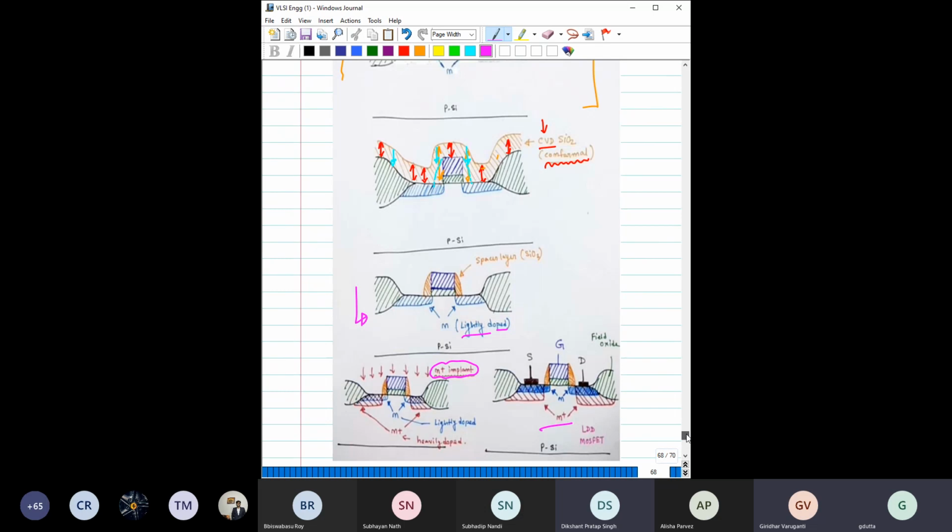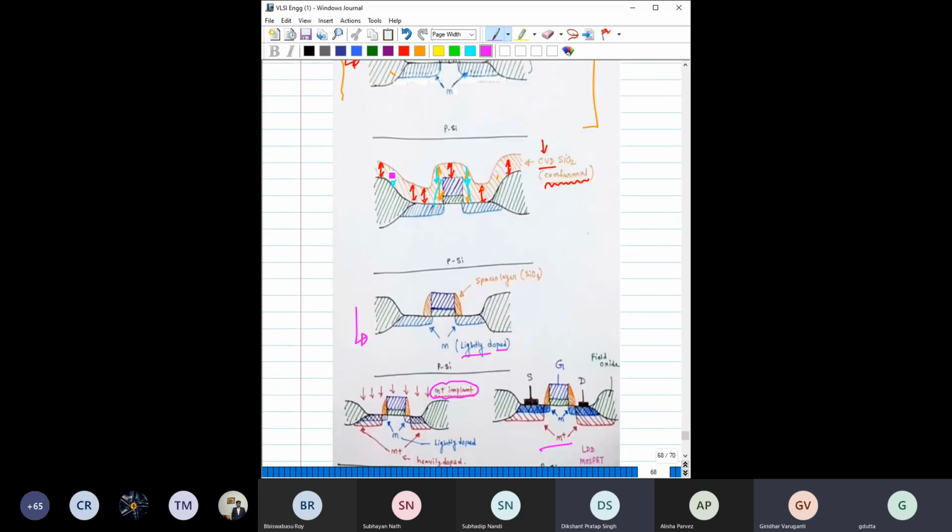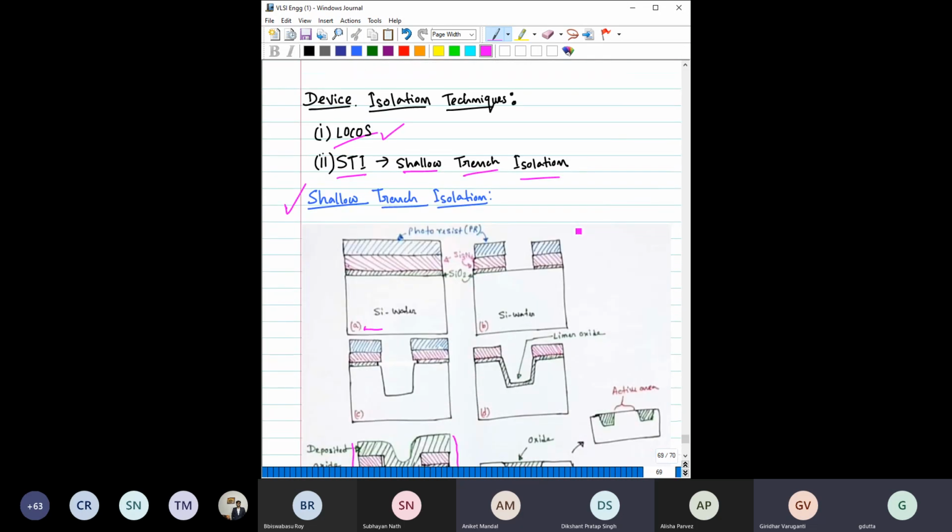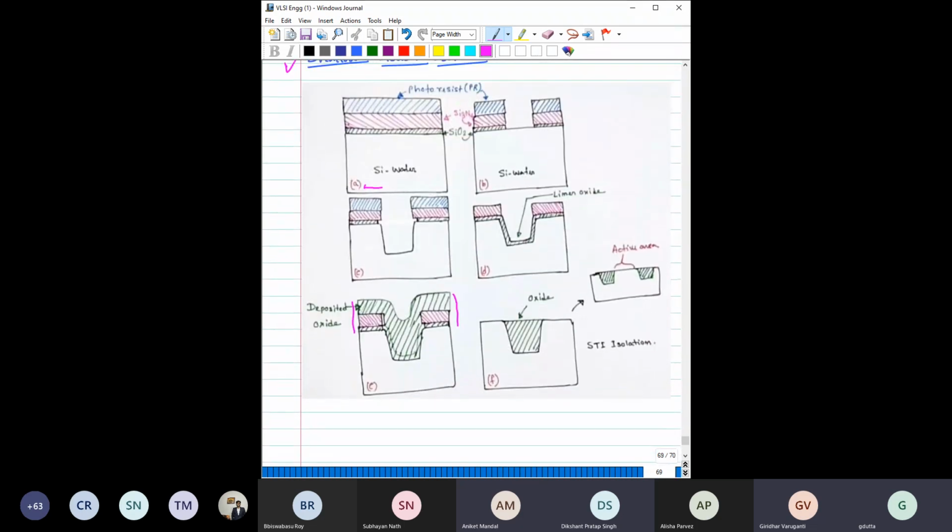However, in the LOCOS process here, the surface is quite not planar. The surface is kind of bumpy, right? So for LOCOS, the surface is not planar, whereas for the STI process the surface becomes planar, and this is now quite an industry standard process to use STI for device isolations.